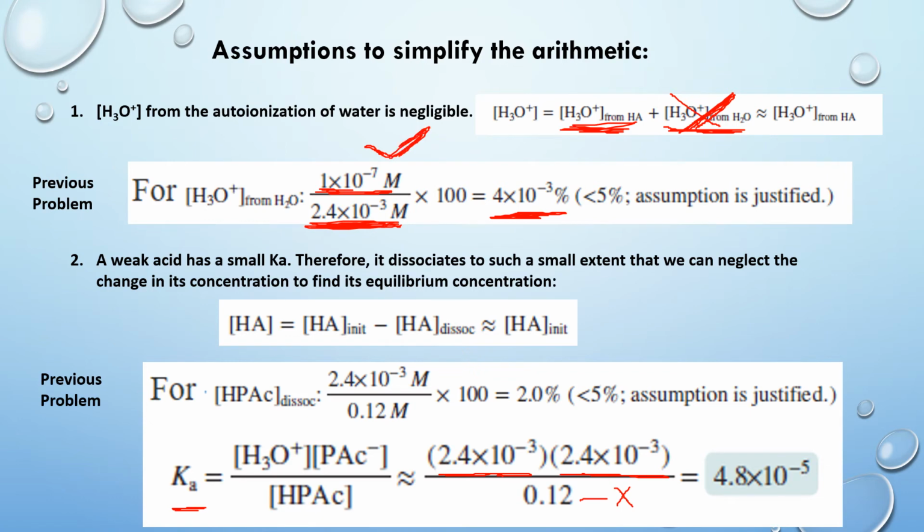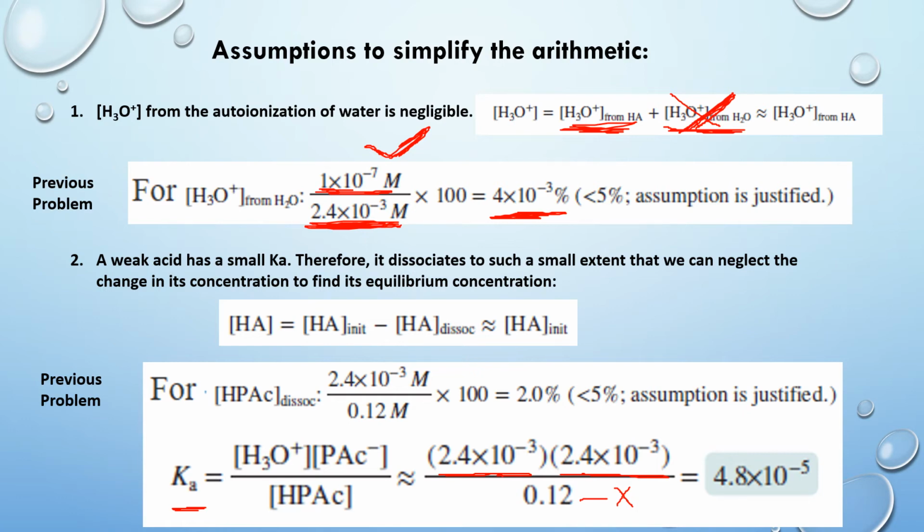For the second assumption, because this is a weak acid, we assume it has a very small Ka value. Remember, for a weak acid with a very small Ka value, the extent of dissociation is very small.